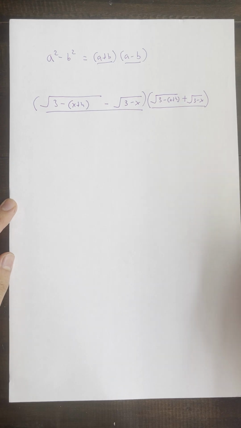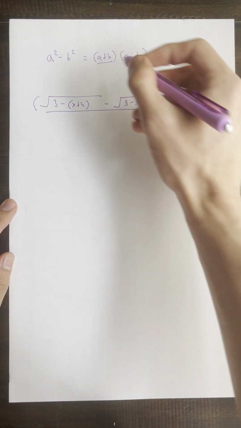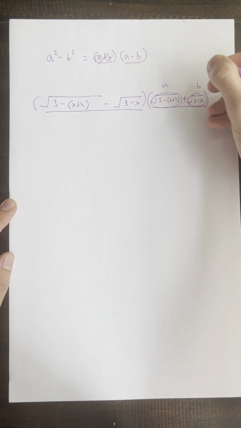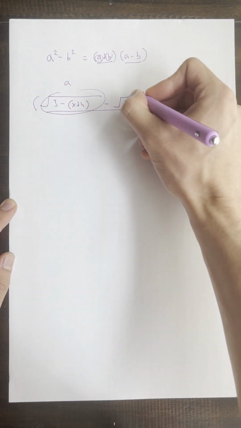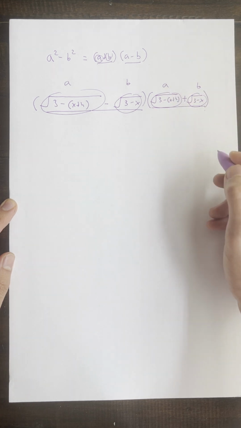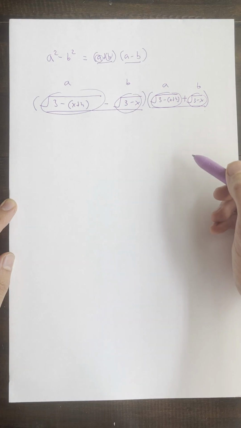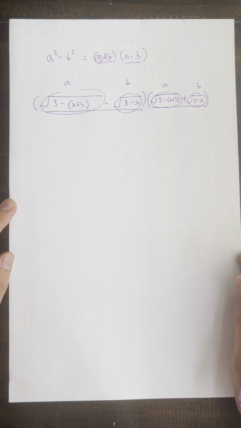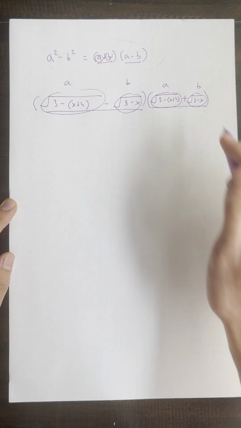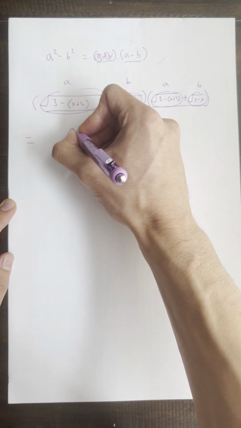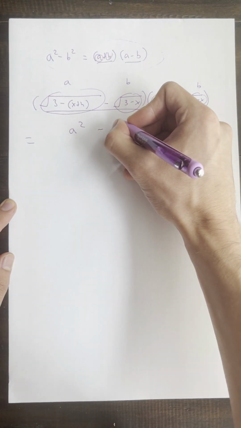So this could be A, and this could be B. So this expression looks like a plus b times a minus b. So that's why we use difference of squares here. That's what this is called, difference of squares. Okay, so a plus b times a minus b is equal to a squared minus b squared.